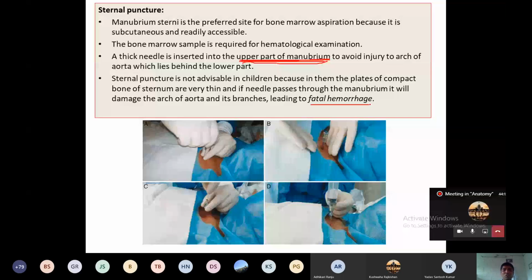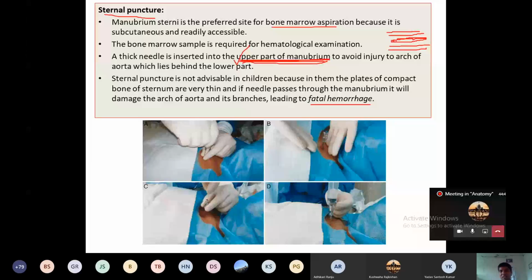So here what you have to remember for the sternal puncture to aspirate the bone marrow for the pathological examination, which part should you select? Upper part of the manubrium. And already I have told you the sternum is a flat bone. Outside there is outer table, inside there is inner table, in between there is the hematopoietic tissue or the spongy bone.